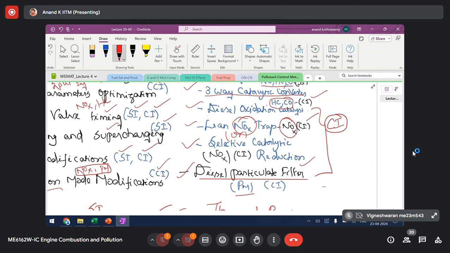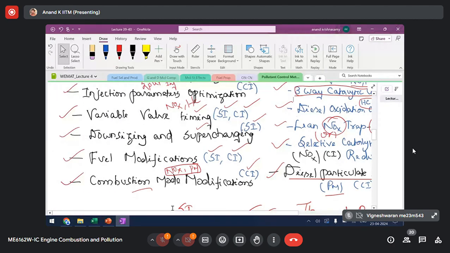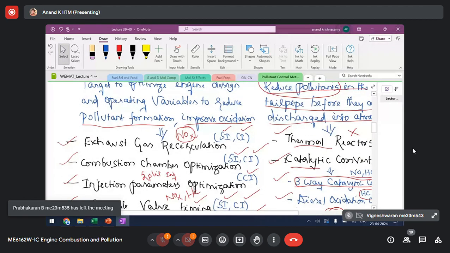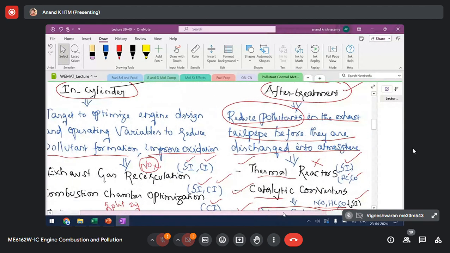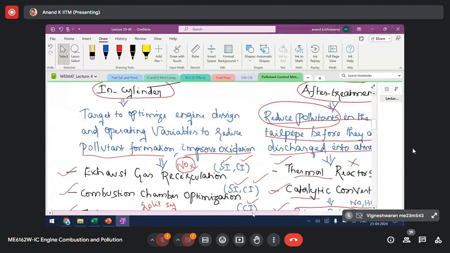So you are using multiple devices, unlike SI engine, wherein you use only one device to control all the pollutants. So this is an overview of the in-cylinder and after treatment control methods that are available. I have just summarized all the available methods here. Now I will give some more details about these individual methods.